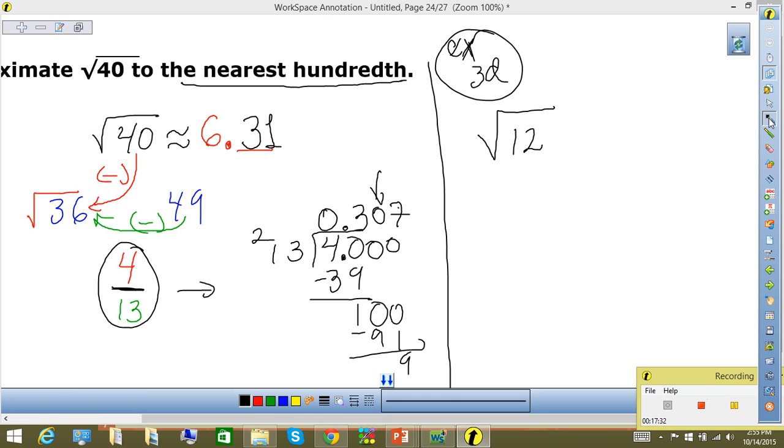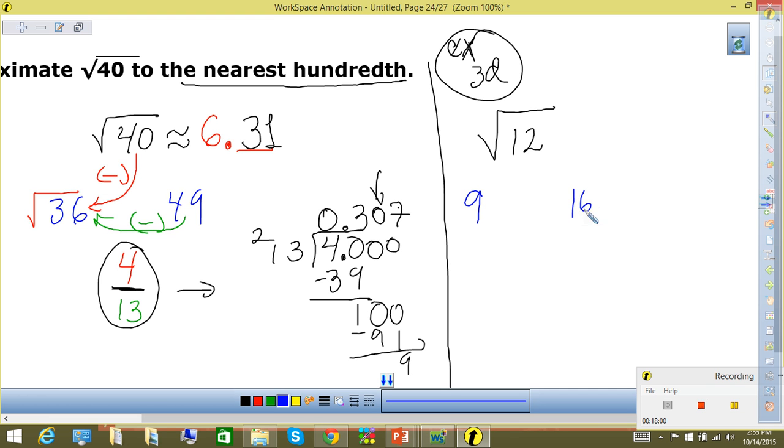Okay, let's see. Between what two integers or perfect square numbers is this number found? Between what two numbers is this one? No, what were the numbers first before you did the square root? 9 and 16.